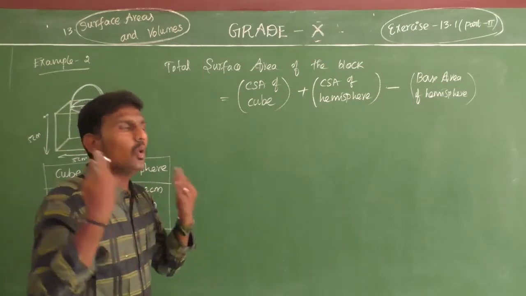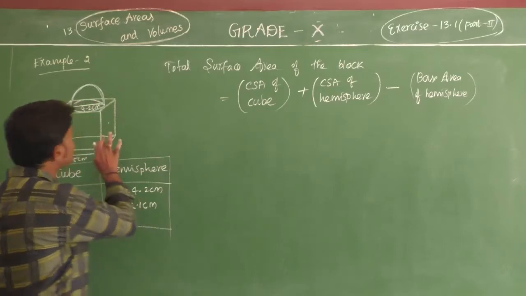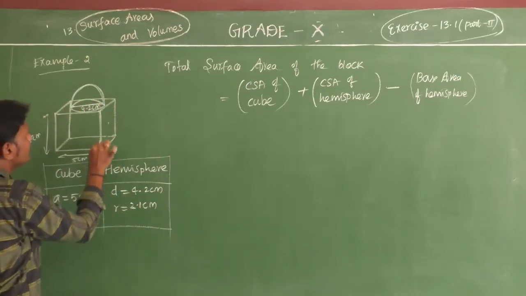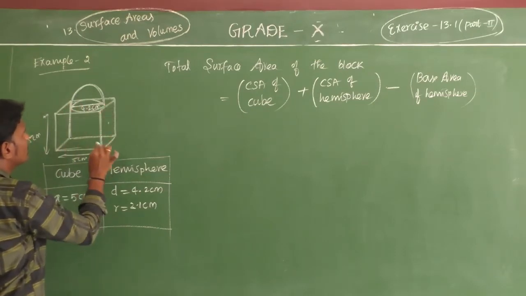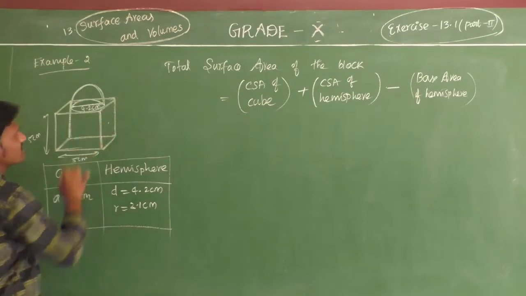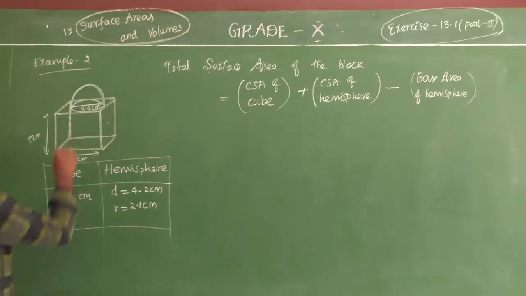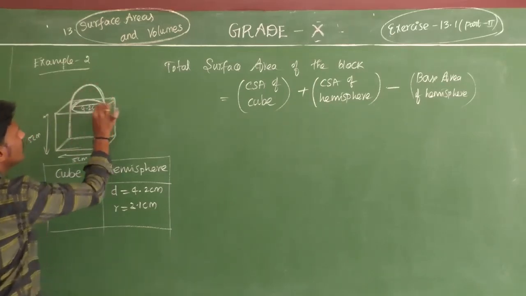Yes students. Why, sir, do you want to subtract this base area? See students, look at this diagram. You have the cube, and all the sides are equal. How to draw the cube, you already know, students. Take two squares on the same side and join the corners like this, and one hemisphere is on the top of the cube.